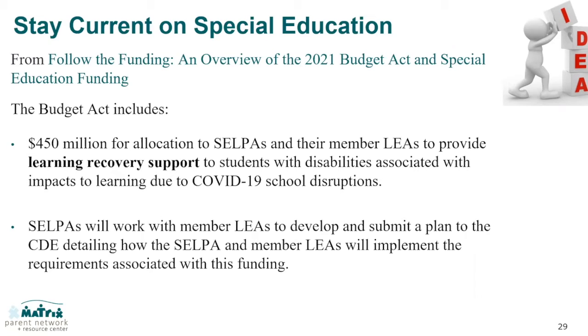SELPAs need to work with the districts' LEAs to develop and submit a plan showing how they will implement things. This funding cannot be used for existing expenditures or obligations, and it certainly cannot be used for attorney's fees. So we feel that it's important that parents know about this funding. And maybe the next slide would be good, please, Margaret.